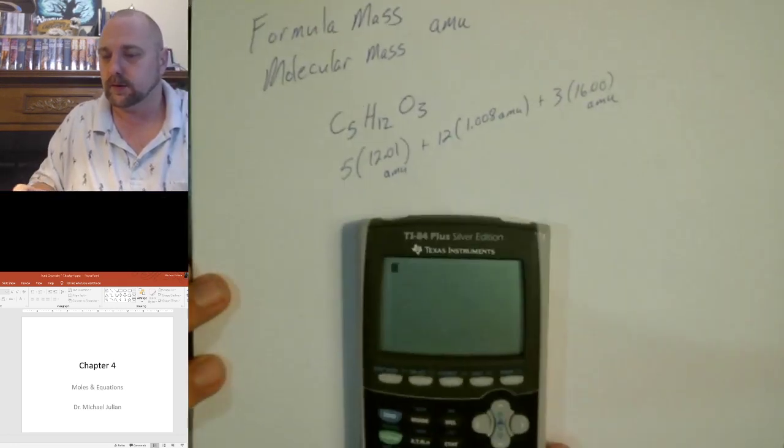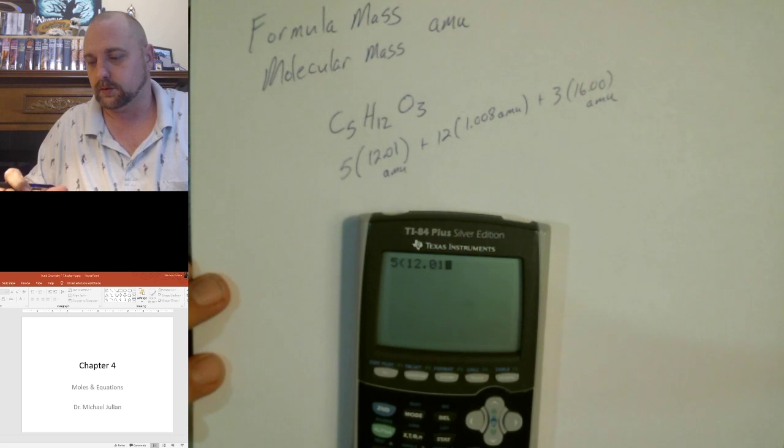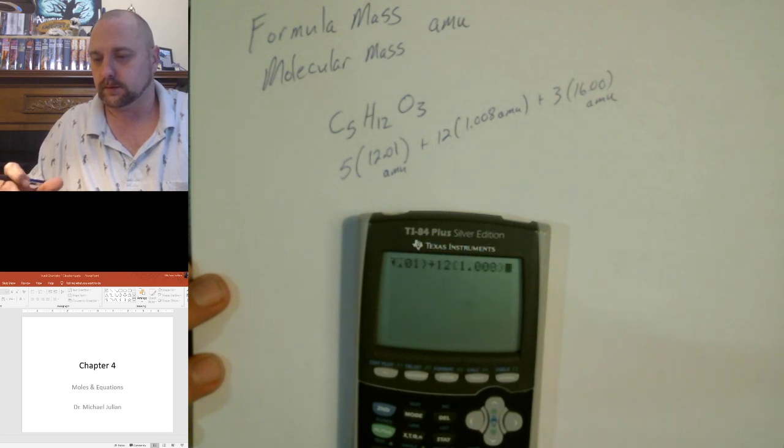As simple as typing them in. 5 times 12.01 plus 12 times 1.008 plus 3 times 16.